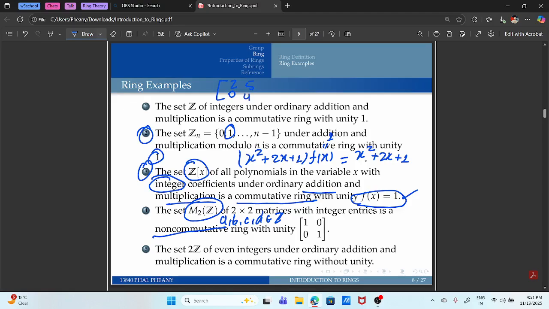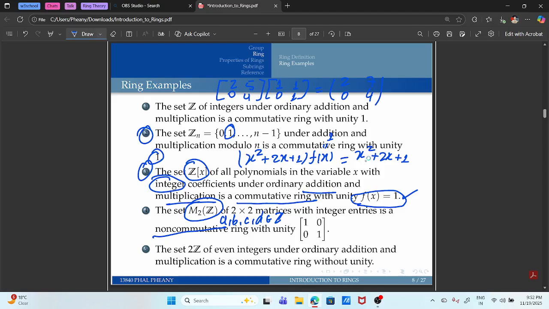[2 5; 0 4] multiplied by [1 0; 1 1], it is equal to, this is 2 plus 5, it's 7. Now the next is 0, and the next is 4.